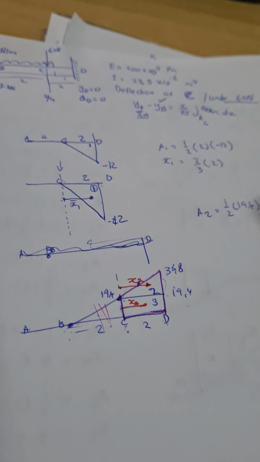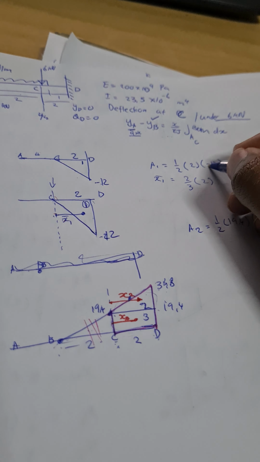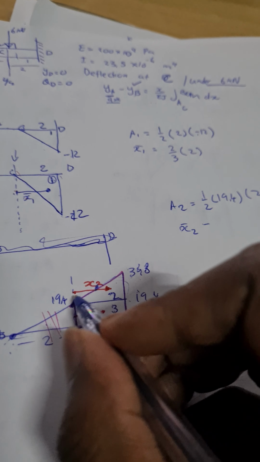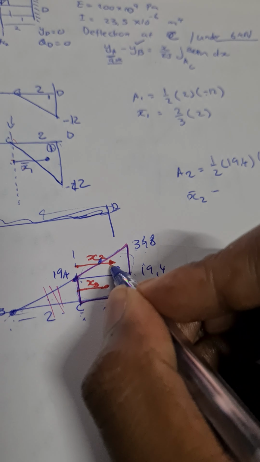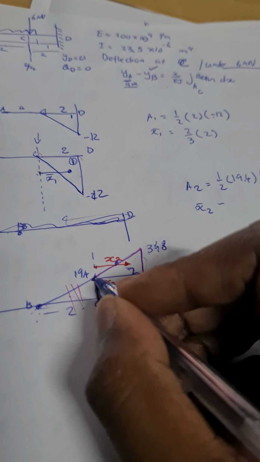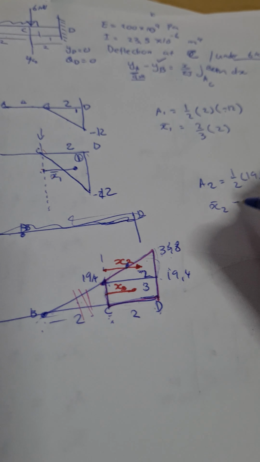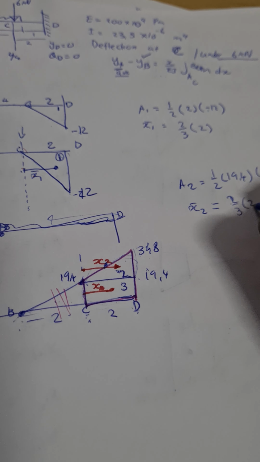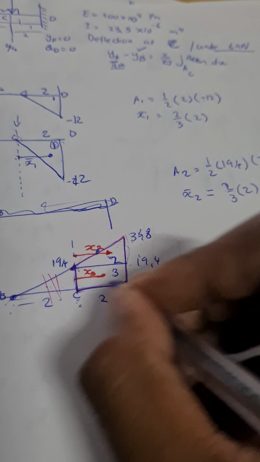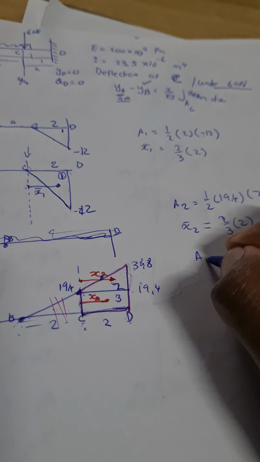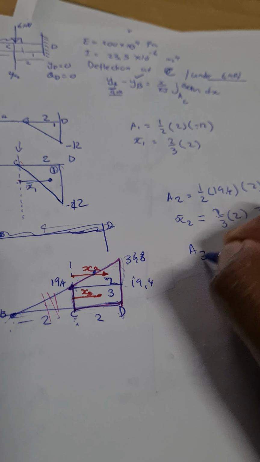Remember, this one is positive, so yeah, this one is negative. Then x bar 2, what is my x bar 2? From here to here, we have a full triangle, so it's going to be 2 over 3 times 2, because from here to here is 2. Done.